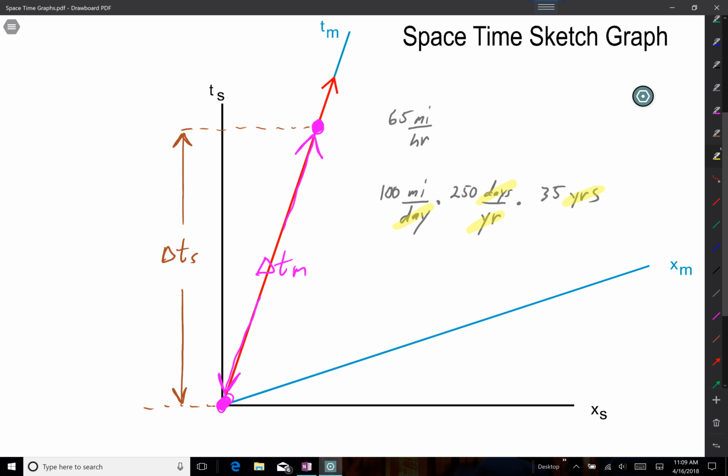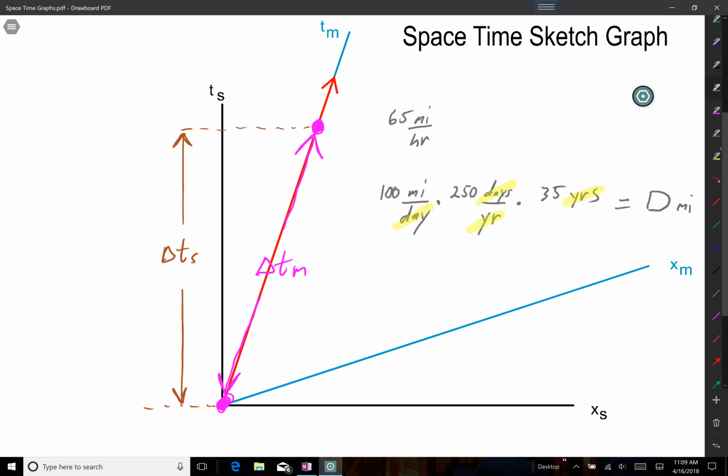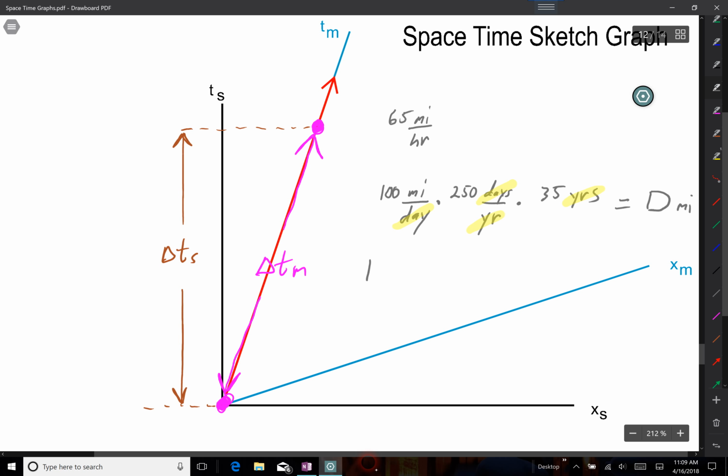And let's call this big D. That's the distance, in miles. D miles. So if I do a little dimensional analysis again, I'm going to say D miles times a fraction, 1 hour over 65 miles per hour.